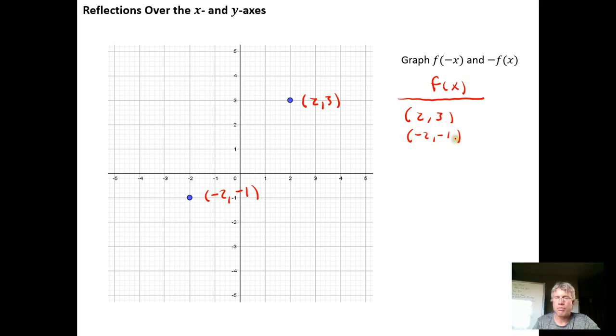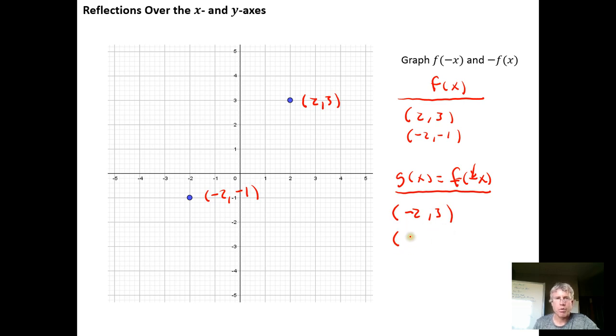So first I could look at the function g of x that I build from negating the input variables. Notice that this negation is on the input variable. So when I take the 2 and the 3, this negative on the x just says put a negative sign in front of the input variable.